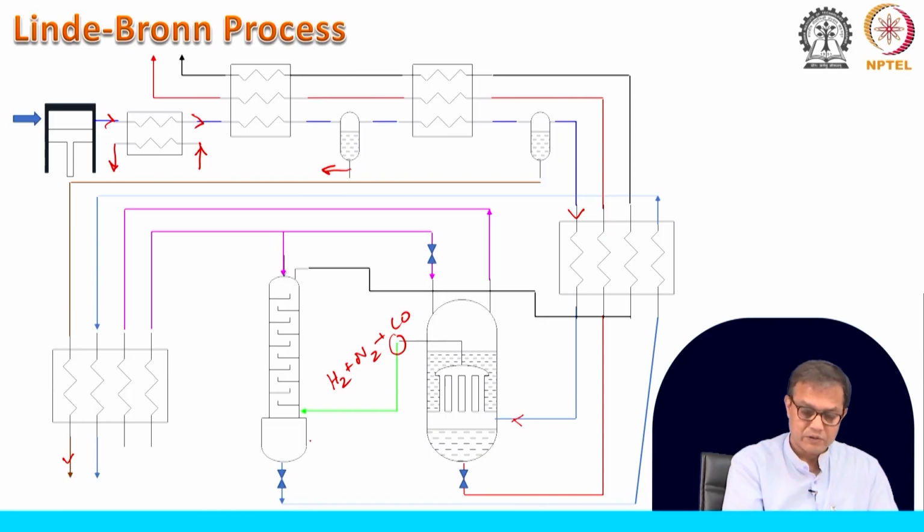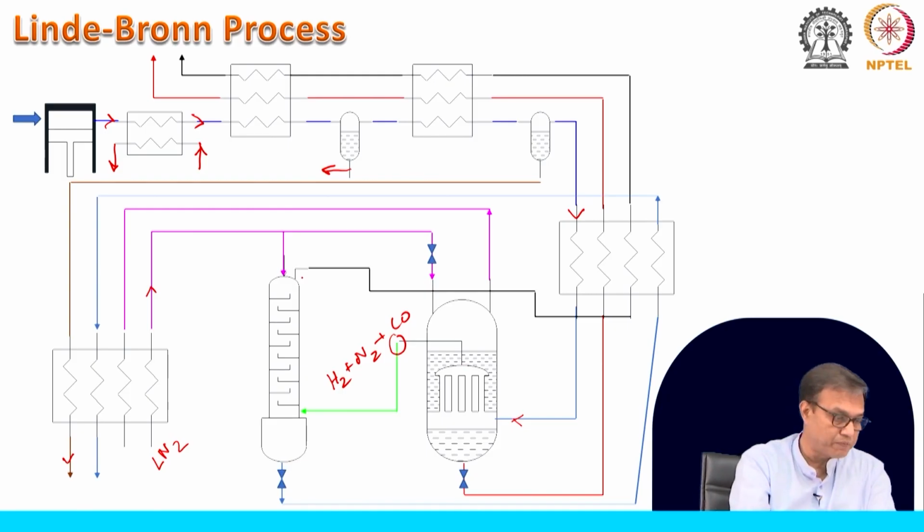using the CO scrubber. Here we have LN2 supply, this LN2 is also fed into this CO scrubber, where this CO part will be scrubbed out or washed out, and from the top of it that has been taken out. Okay, fine. So, from this part we have taken out this N2 and H2.